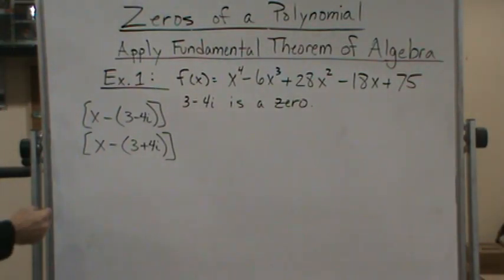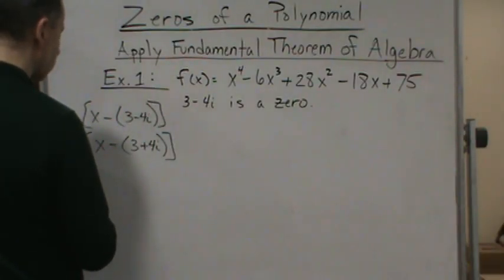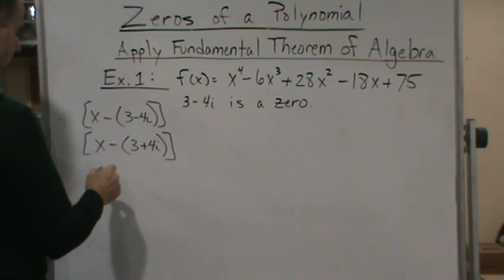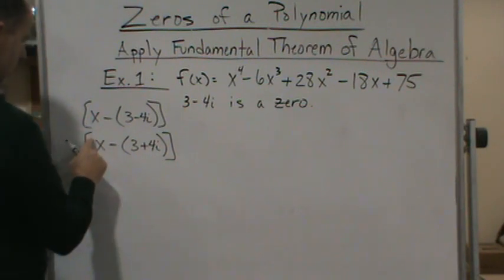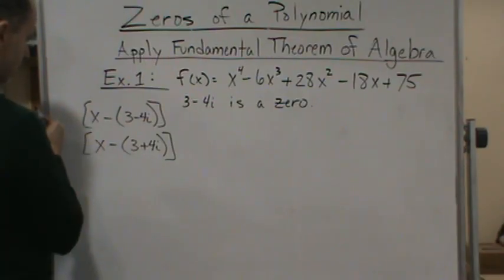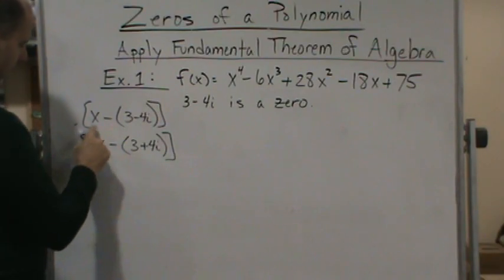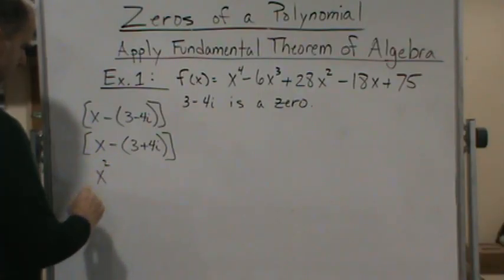Okay? Now, if I multiply these together, what do I get? Let's see, how do I want to do this? Okay, so let's just do the factors there. So we do x times x, so that's going to give us x squared.